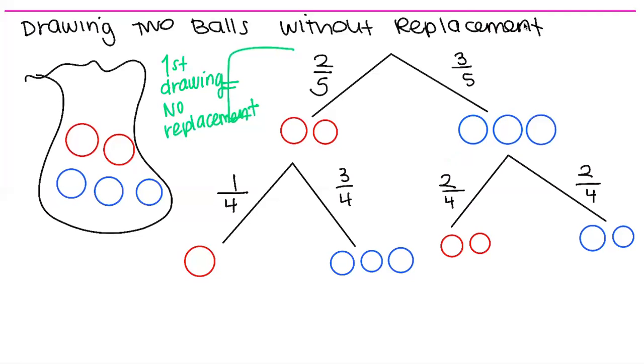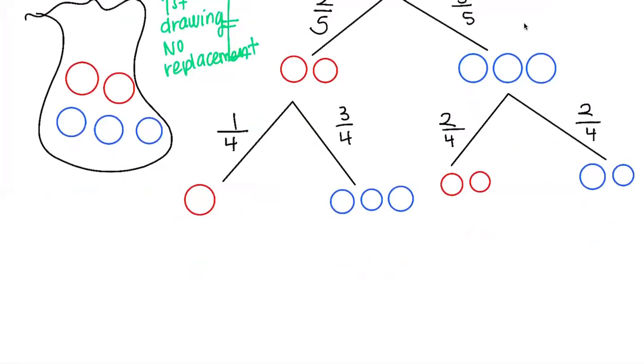If you're doing drawing without replacement, you always want to make sure you think about what is still available to choose from. Now, if I want to try to find the probability of 2 reds without replacement, in words it looks different.